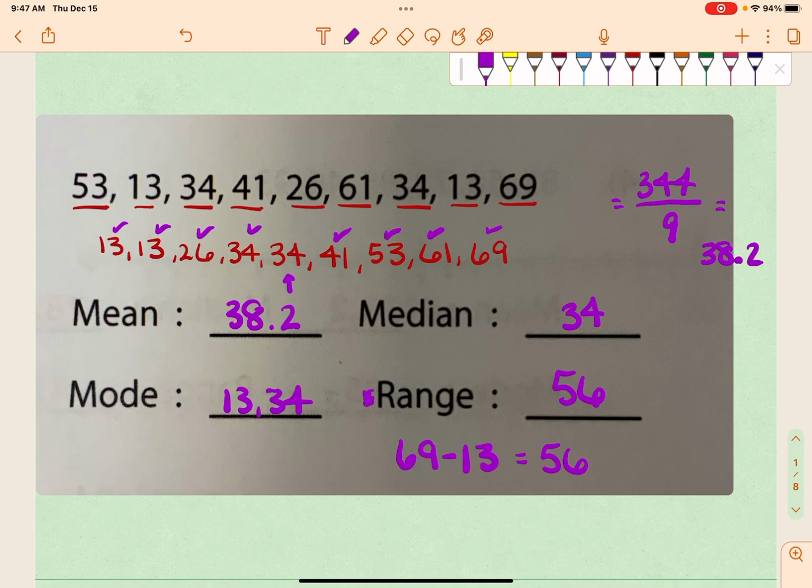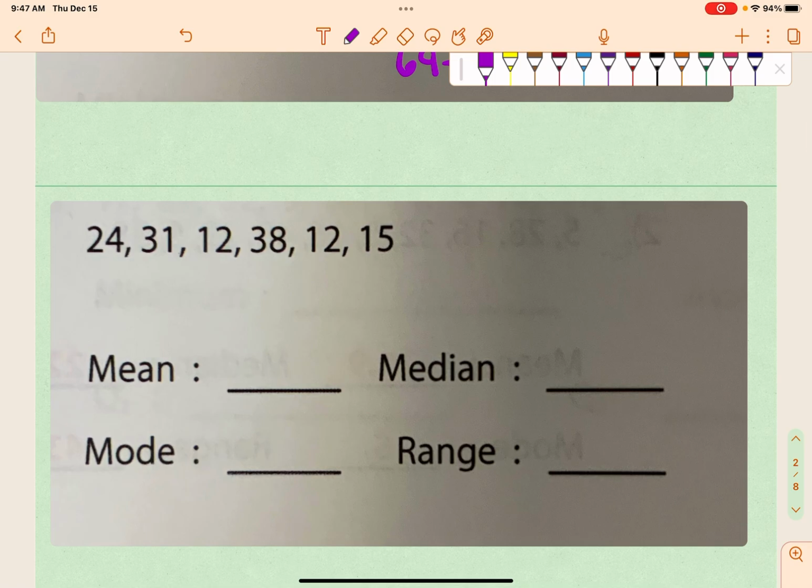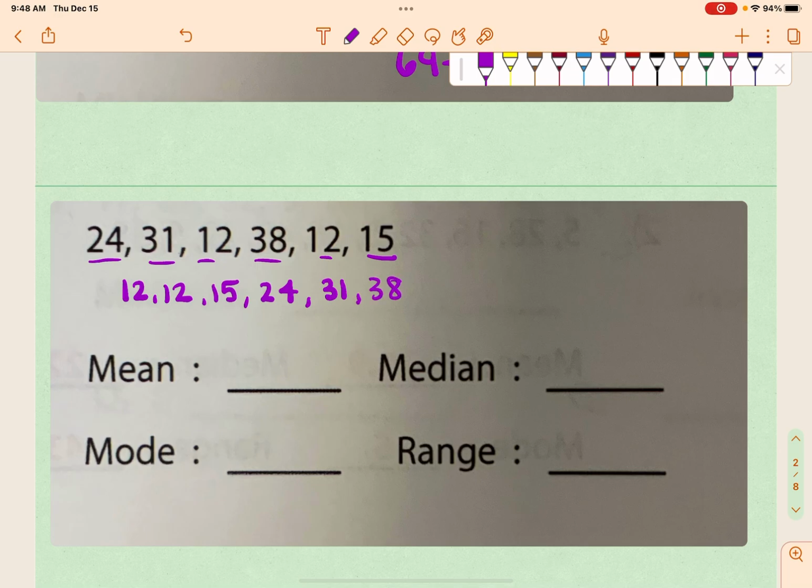Okay, so let's try one more. If I have the list of 24, 31, 12, 38, 12, and 15, before I even start, I'm going to go ahead and put them in order. So I have two 12s, a 15, a 24, 31, and 38.